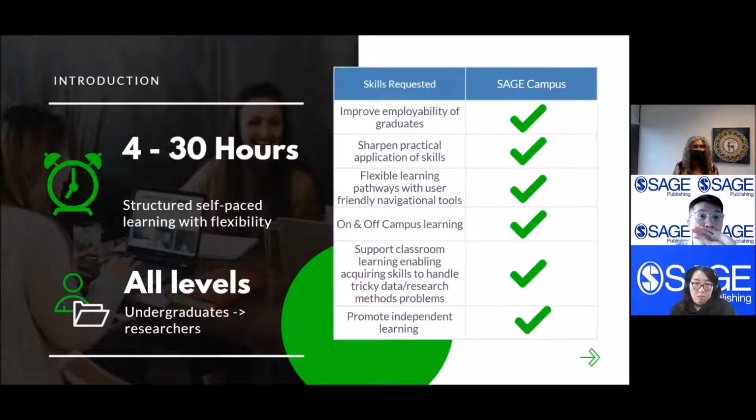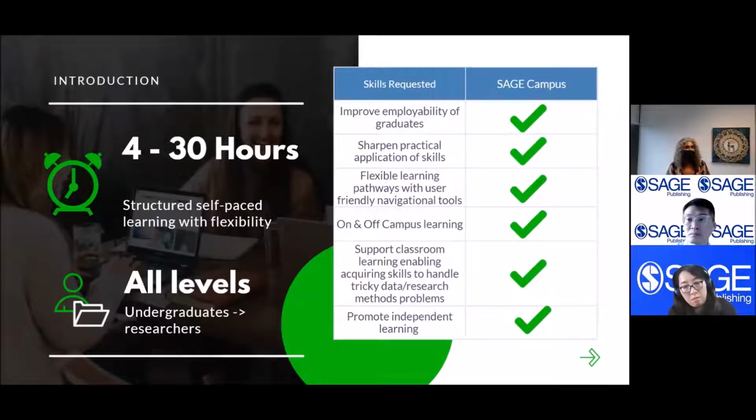So what are the skill sets that we're looking at? These are the ones. So, improve employability of graduates. What we found is that, increasingly, Singaporean students, when they come out after graduating, even with an A1, have difficulty putting into practice whatever they have learned.